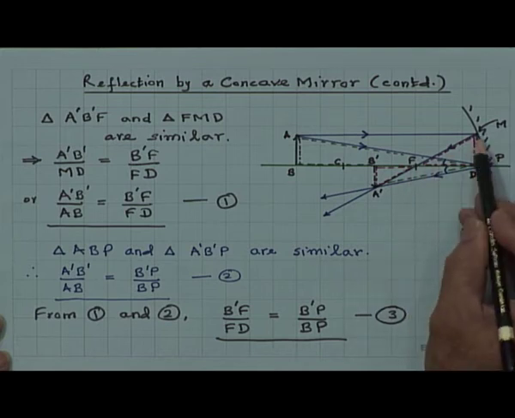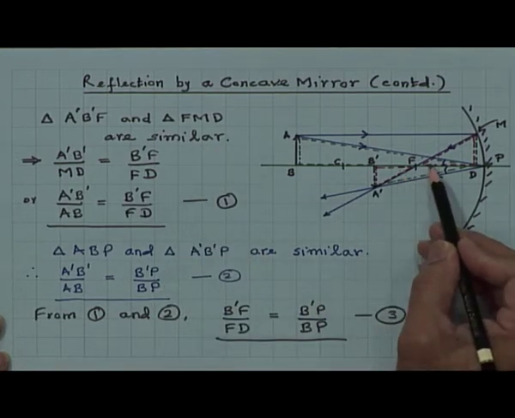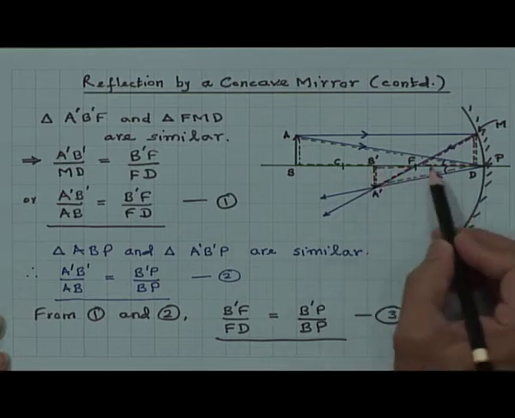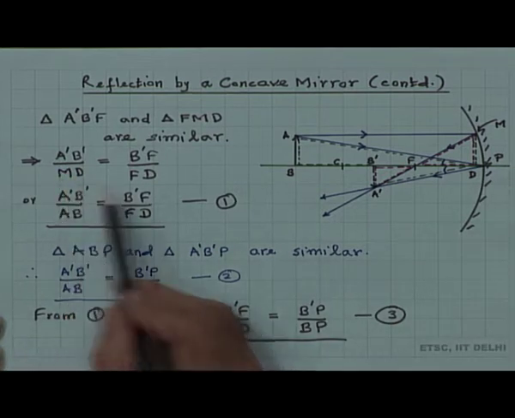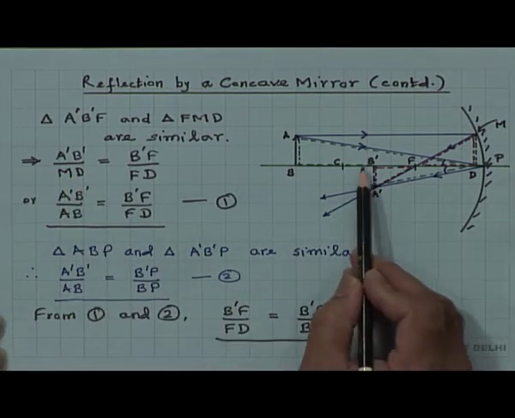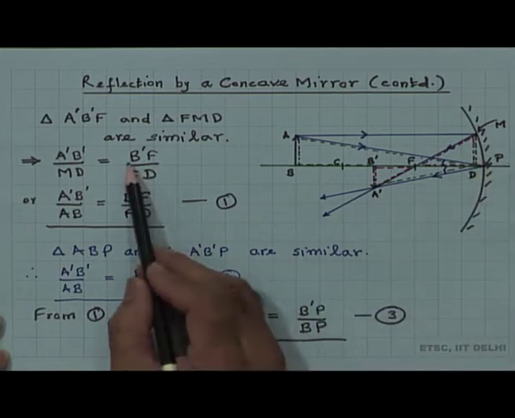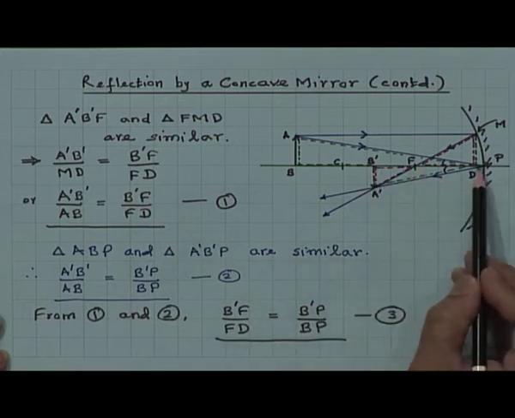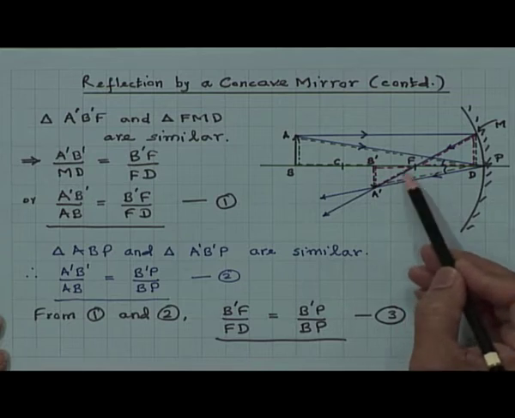So, these triangles F M D and A dash B dash F are similar, because we can see that this angle is the same as this angle, opposite angles, and these are 90 degrees, therefore, all three angles are the same. Therefore, we have A dash B dash by M D, the ratio, is equal to B dash F by F D. Actually, these angles are the same, therefore, tan theta is the same.